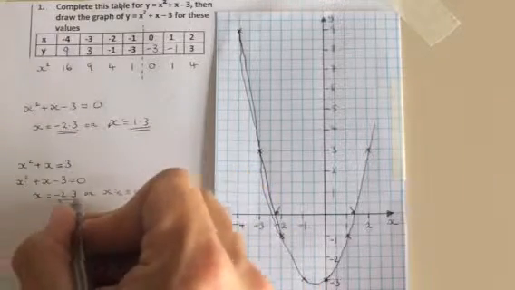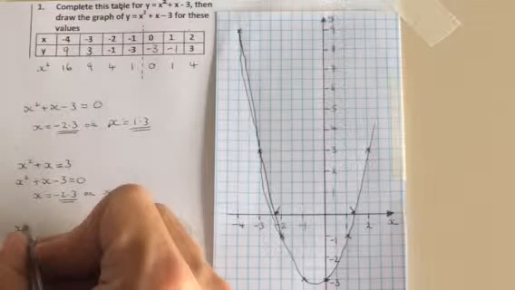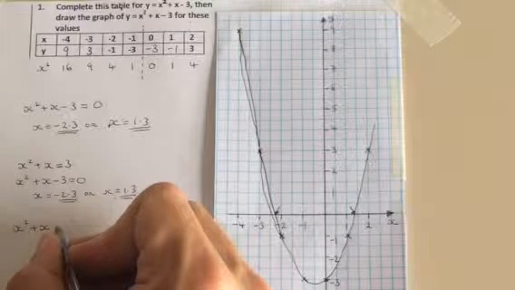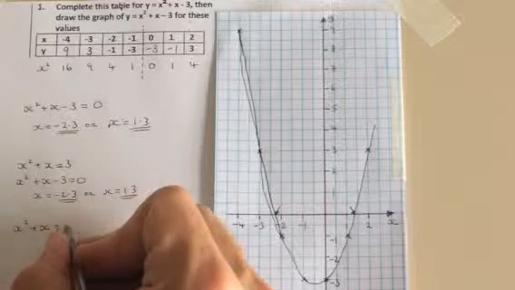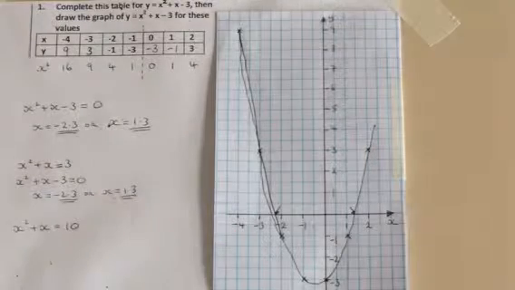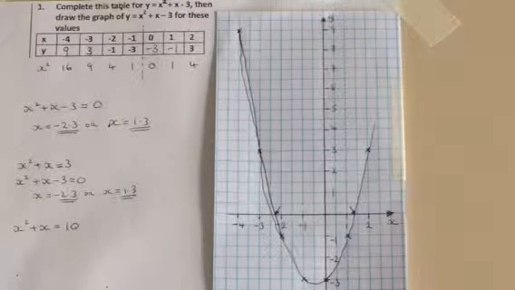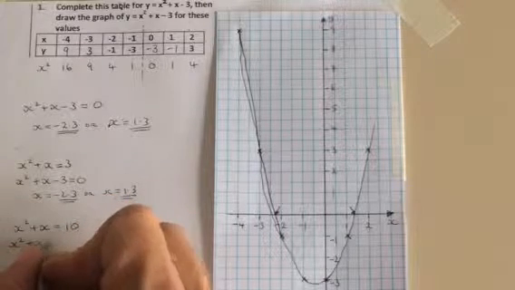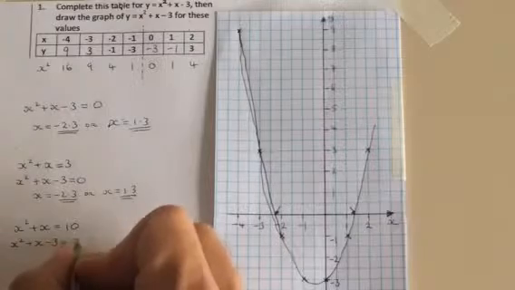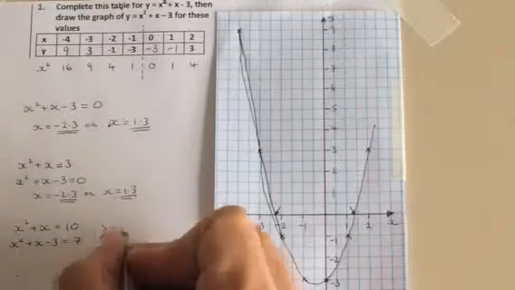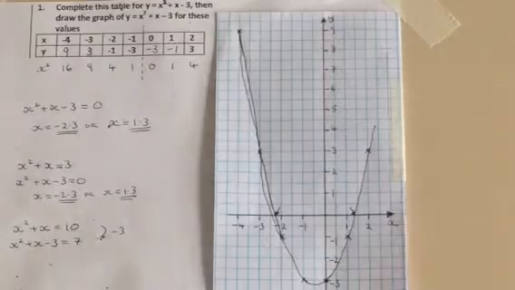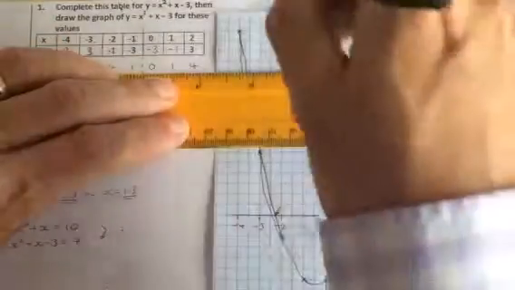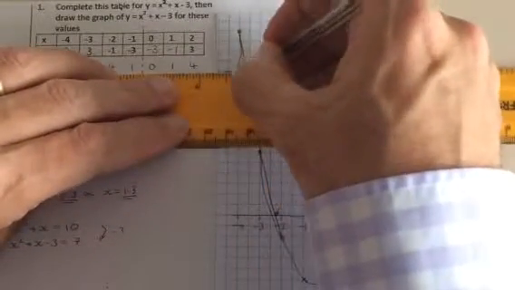Again, it might ask me, when is x squared plus x equal to 10? That can be arranged to x squared plus x minus 3 equals 7, taking away 3 from each side. So, when is this equal to 7? Let's draw in a dashed line here.